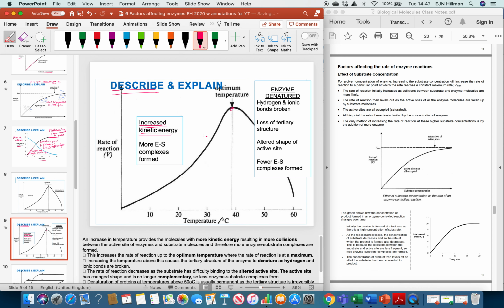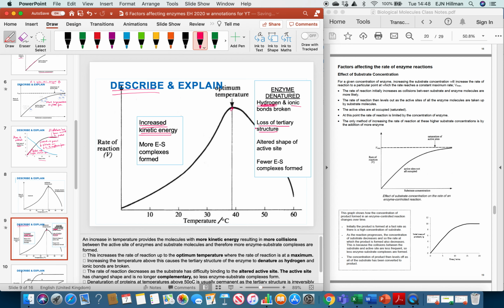However, beyond the optimum temperature, where the rate of the reaction is at its maximum, we can see this decrease. The reason for that is hydrogen bonds primarily, but also ionic bonds become broken by this increase in kinetic energy. That causes the loss of the tertiary structure.